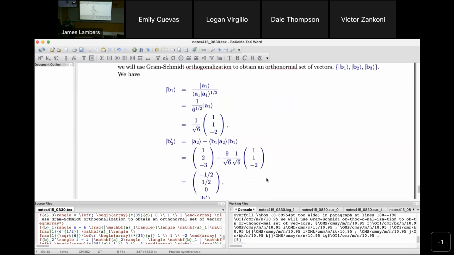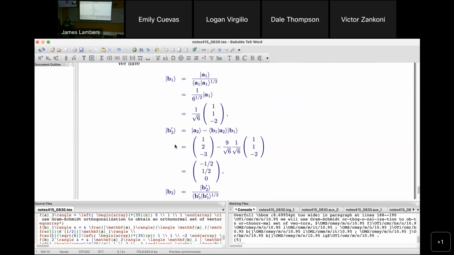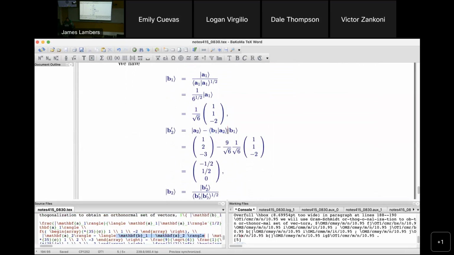Now for the second vector, here at B2 prime, ultimately I want B2. B2 prime is playing the role of psi in the previous description of Gram-Schmidt for functions. So I take my second non-orthogonal vector A2, and I subtract off this scalar product times my first orthonormal vector B1. So then I fill in what everything is. Here's my second non-orthogonal vector.